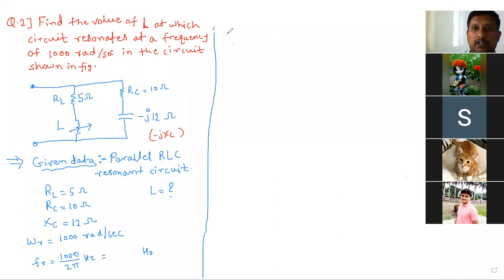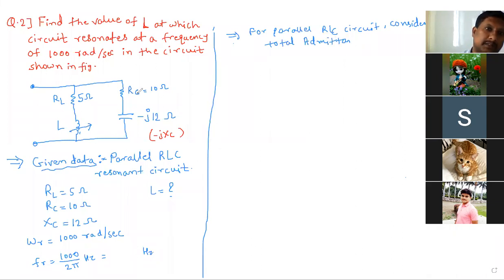So for the parallel RLC circuit, consider the total admittance for the RLC circuit, with respect to this circuit.